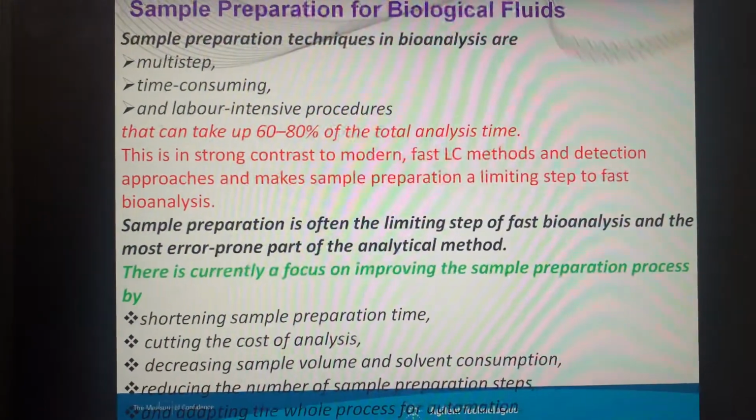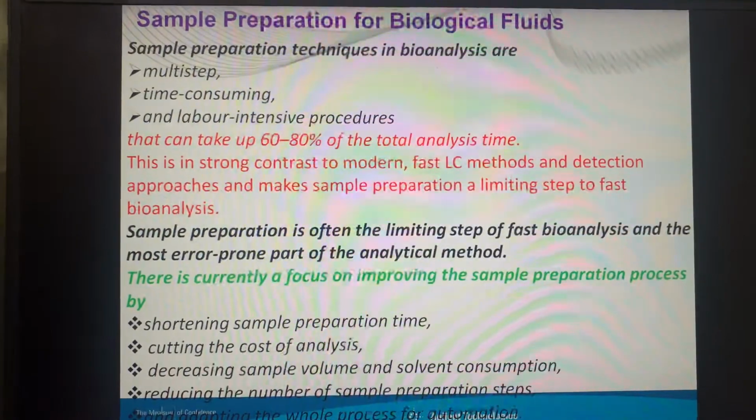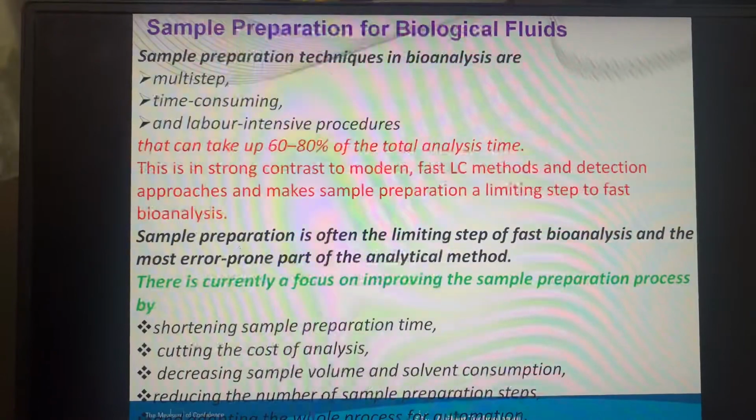So sample preparation techniques in bioanalysis are always multi-step techniques.